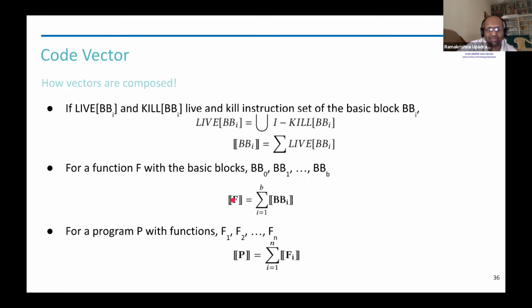In a similar manner, a function has a bunch of basic blocks, so a combination of these basic block vectors will give you the vector for the function. And for a program with n functions, f1, f2, fn, you can combine these functions in a nice manner to get the encoding for the particular program. We are currently talking about just the linear combination, but we can actually use LSTM, we can use more fancy stuff.